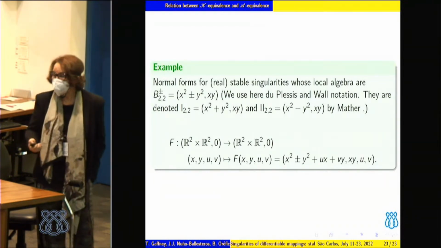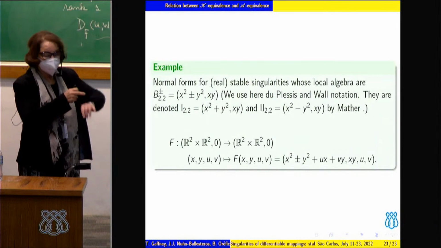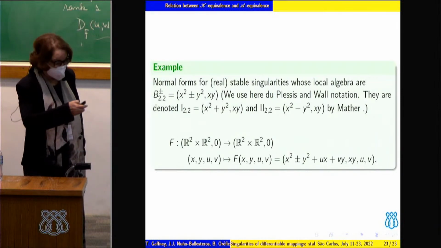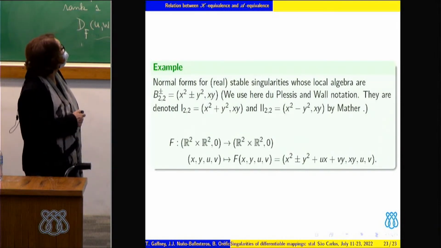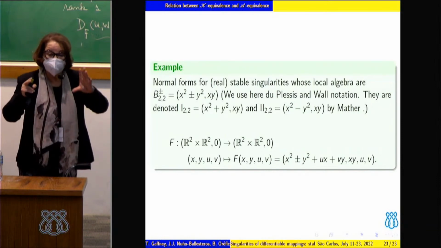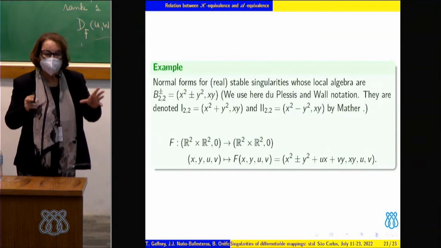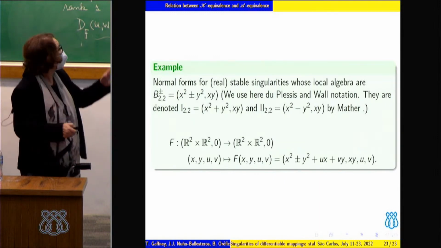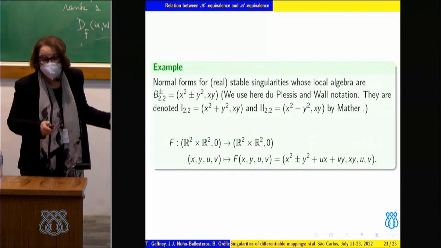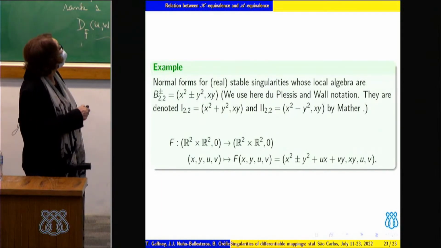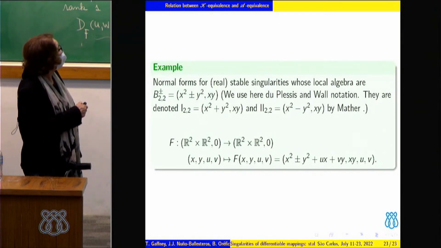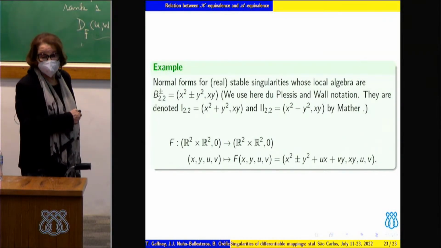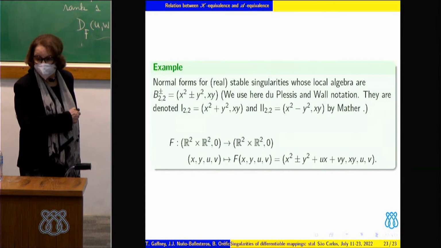In practice, what we have is this: I can start with a rank 0 germ, for instance, or one ideal. I construct the K-versal deformation of it.